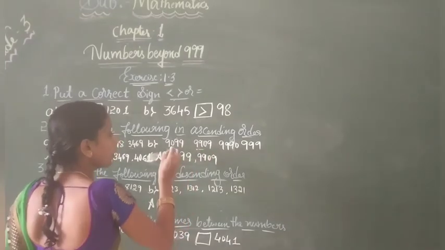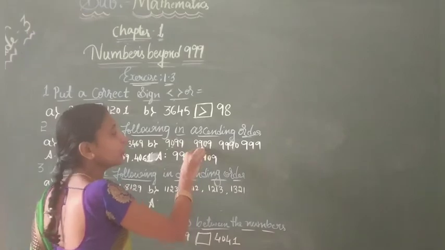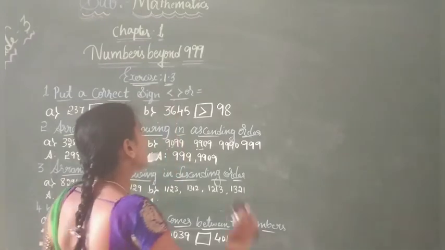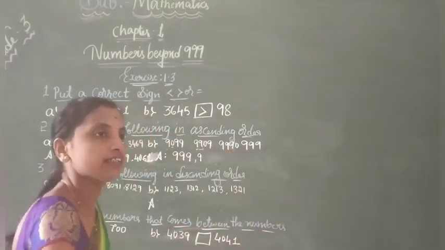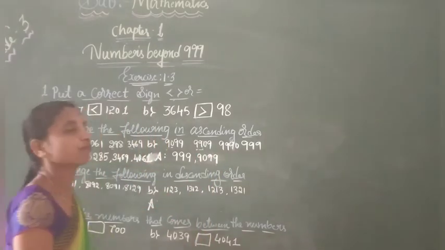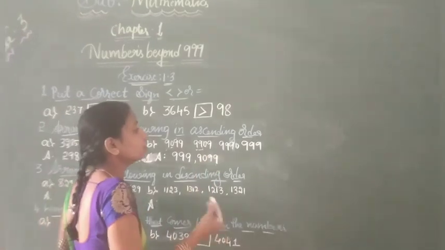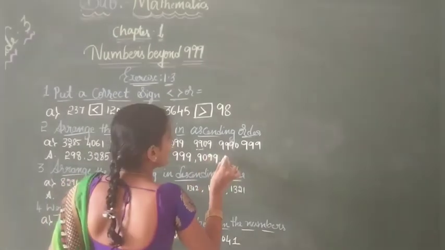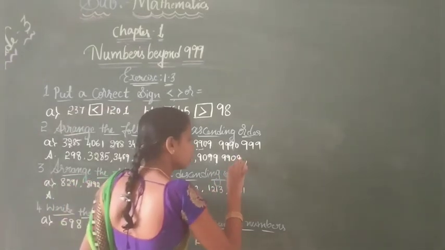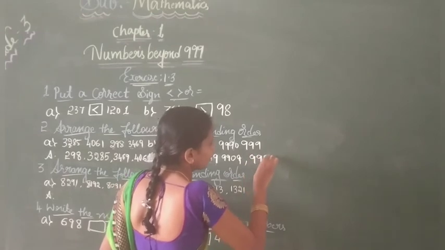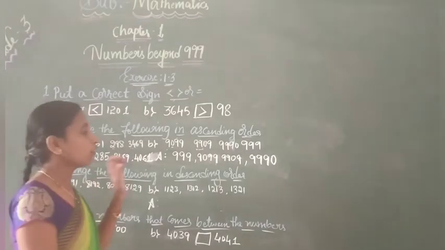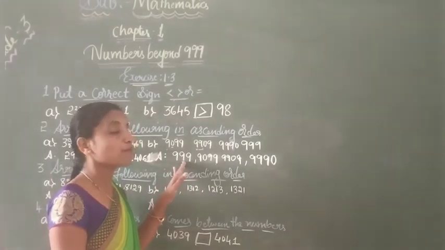Here is 9. But in the hundreds place, here is 0. But here is 9. So which is the smallest? 9099. Clear? Next number is 9909. Understand? Any doubts? Don't get confused. Just see the place values.